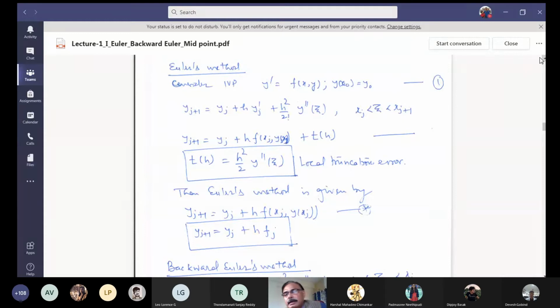It is not a linear function in y, meaning that if we can write f(x,y) as g(x) plus h(x) into y, then we say that it is a linear function in y, otherwise it will be a non-linear function in y. Is this clear to everybody? Yes, sir. Okay, good.